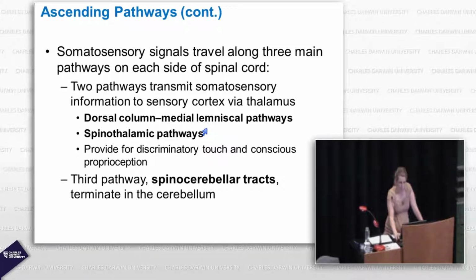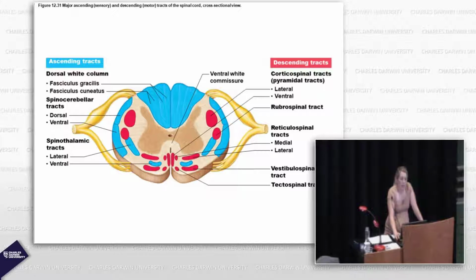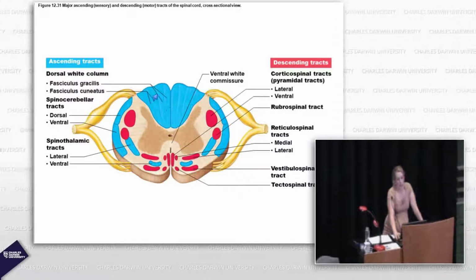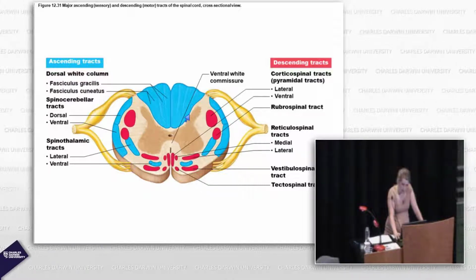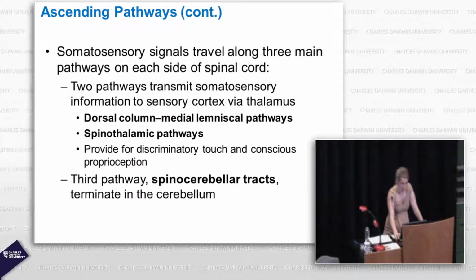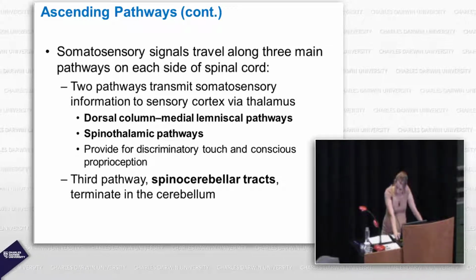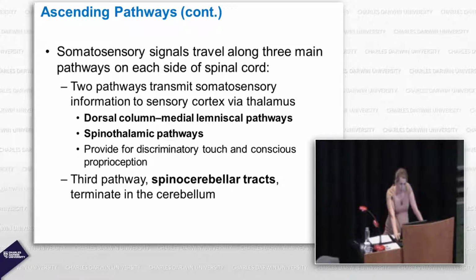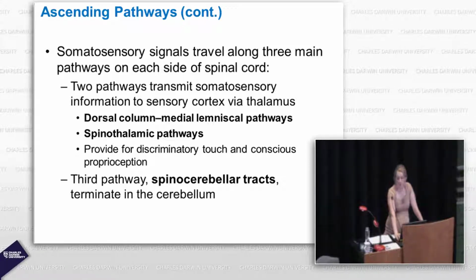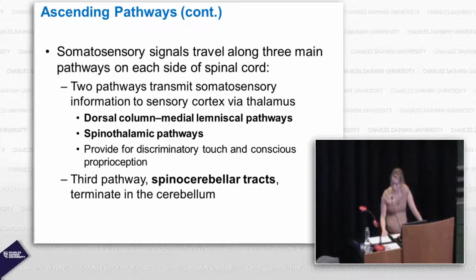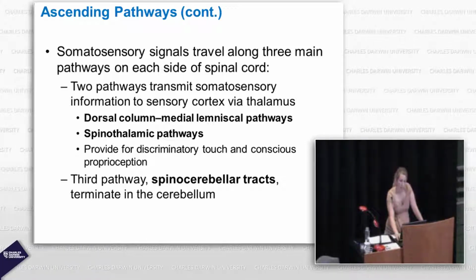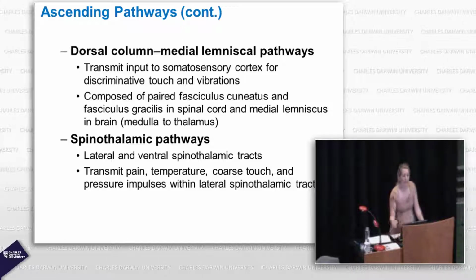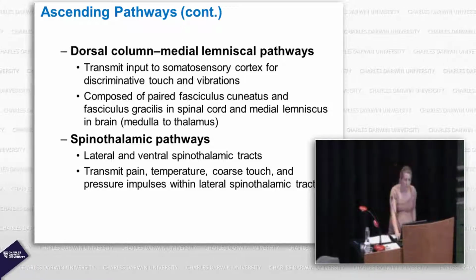So the dorsal column, they'll be travelling up through the back of the spinal cord. Spinothalamic pathways. And, sorry, I think we've got more on these. Yeah, here we go. So the dorsal pathways will transmit somatosensory information.